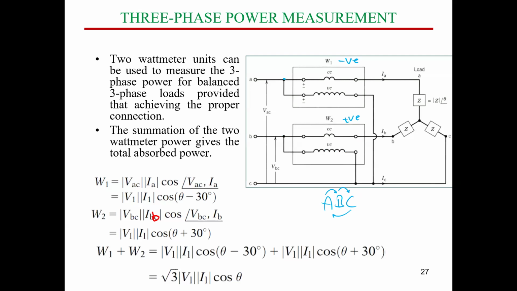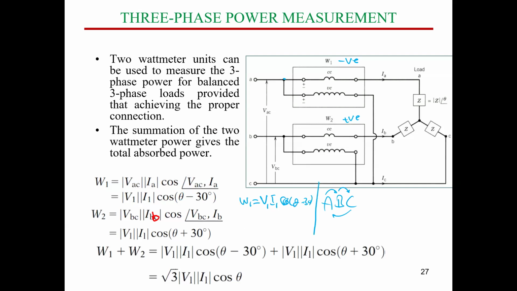So relation 1. Wattmeter 1, which is W1, is the negative sequence. So it's going to be V line, I line, cosine theta minus 30 degrees. What is theta? Theta is the power factor angle. So I can write this down here. W1 equals V line, I line, cosine theta minus 30.